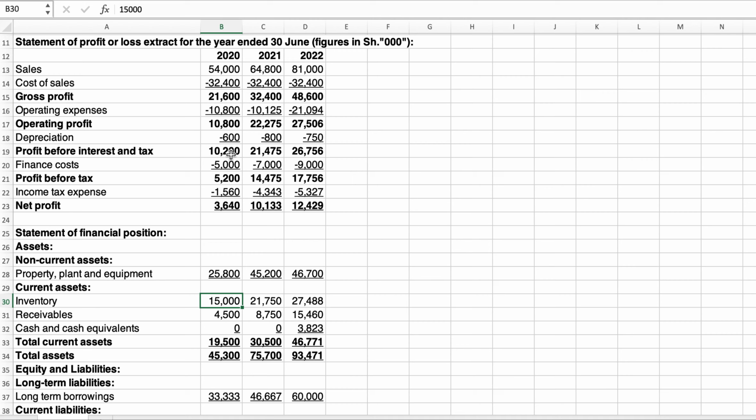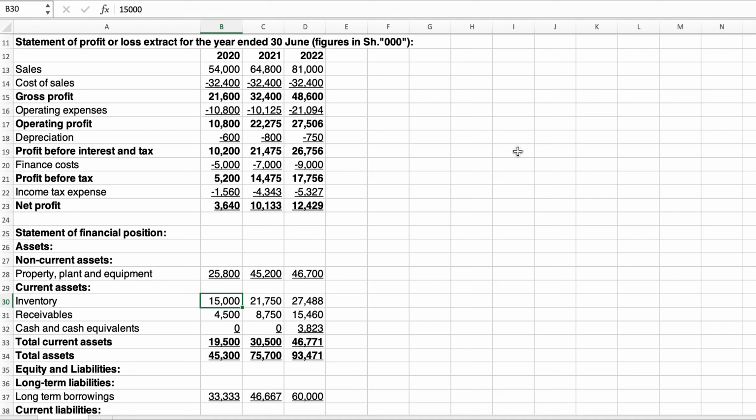If you are asked like that and you have been given the opening balance of the year 2021, which is the inventory for the year 2020, then you calculate inventory by getting the average: the opening inventory plus the closing inventory divided by 2.